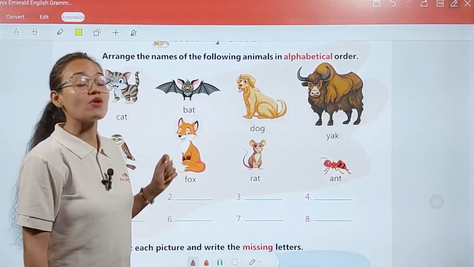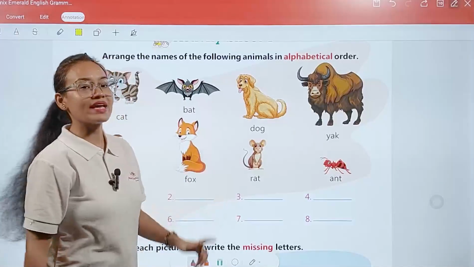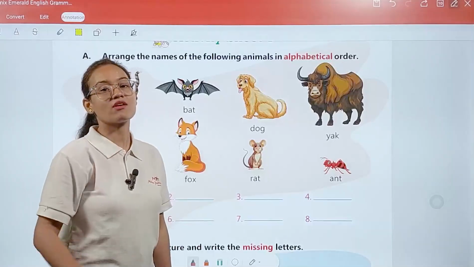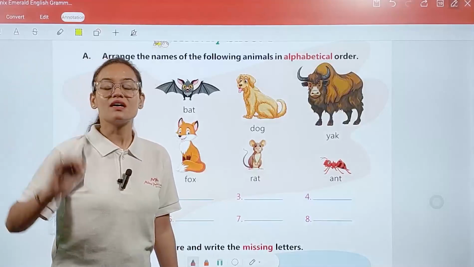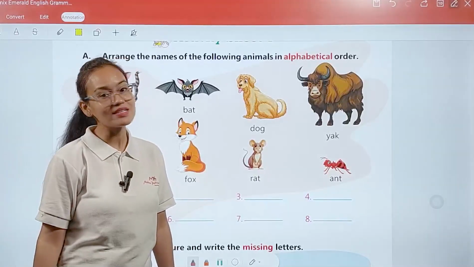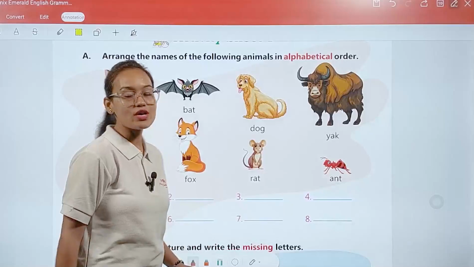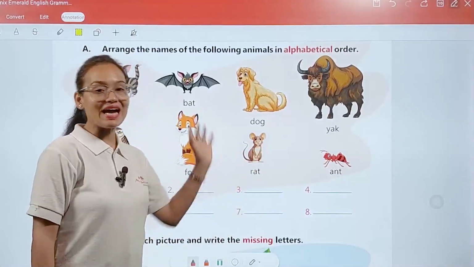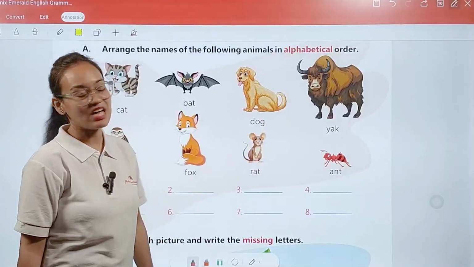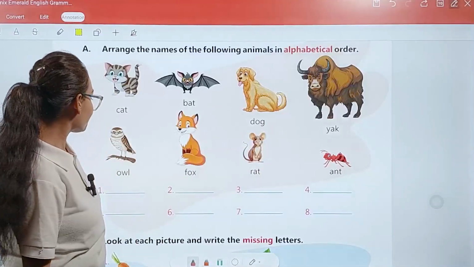Means first of all you have to write that animal name which starts with the first alphabet, that is A, then B, then C, and the sequence goes on till alphabet Z. First of all, my dear student, you have to identify that animal name which starts with A.